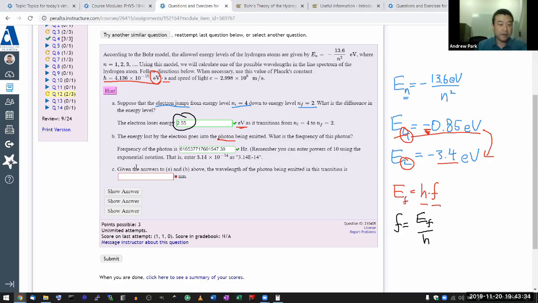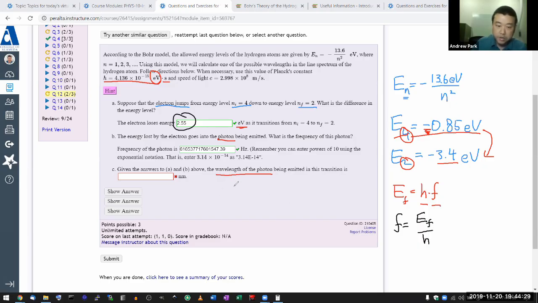All right, part C. Given the answers to A and B above, I'm just working down each question, because in part C, now I need to know the answer to part B. So I'm being asked for the wavelength of the photon. This is where hopefully you'll remember the relationship between frequency and wavelength.